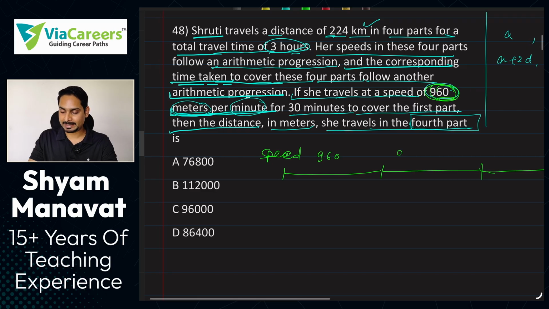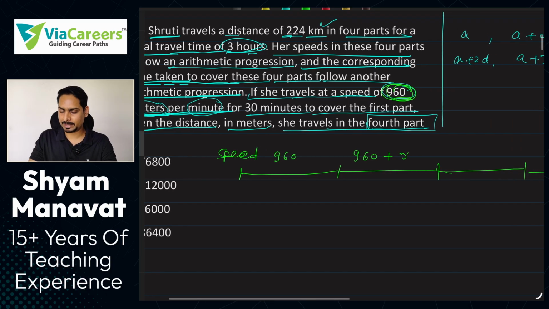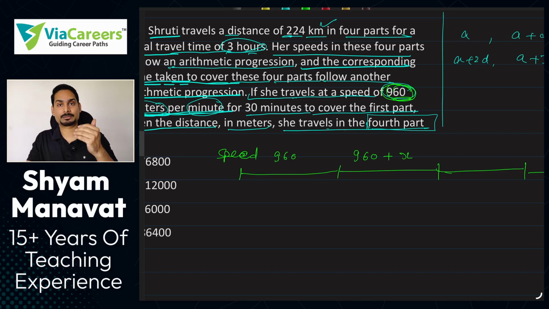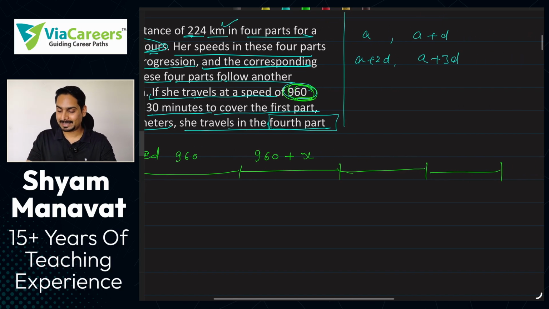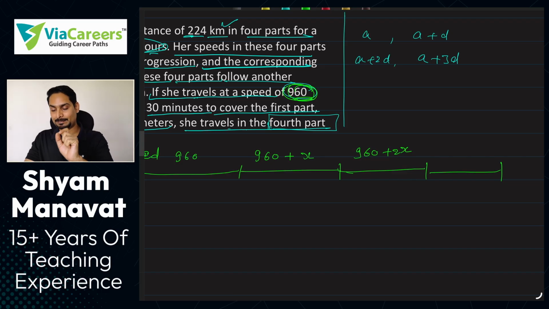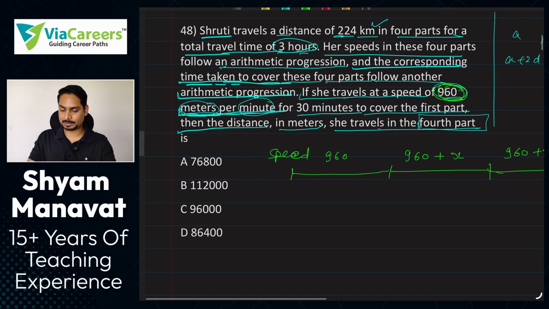So the next should be 960 plus something else, let's say x, because that's an arithmetic progression. It should increase with a common difference. Let's say the common difference is x. Now, the third part should be 960 plus 2x. These are the speeds. 960 plus x, 960 plus 2x, and finally 960 plus 3x. That is given to us.